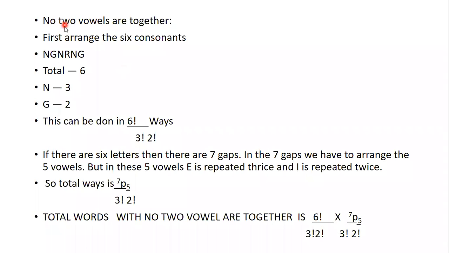Okay. Now the last sub question is no two vowels are together. So how many vowels did we have in the word engineering? E, I, E, E, I. So we have 5 vowels.